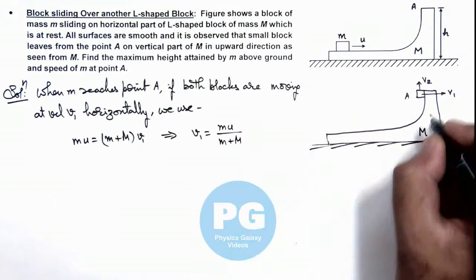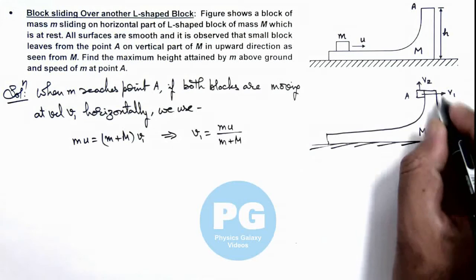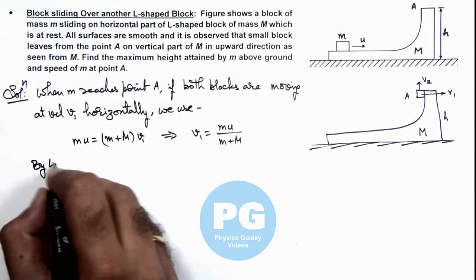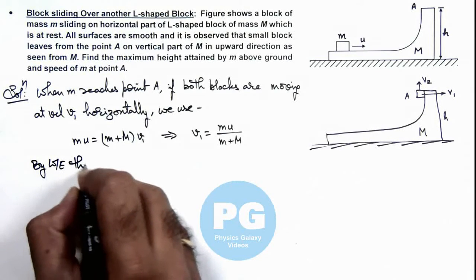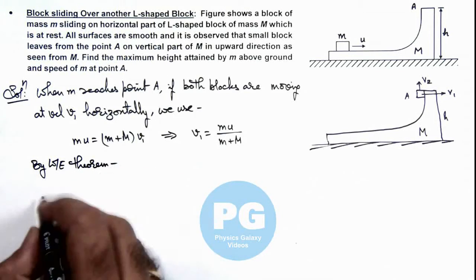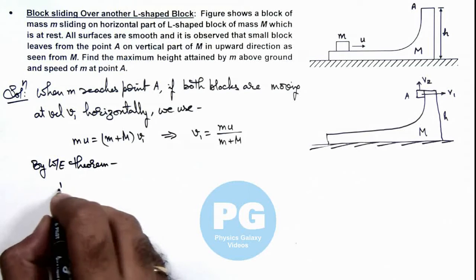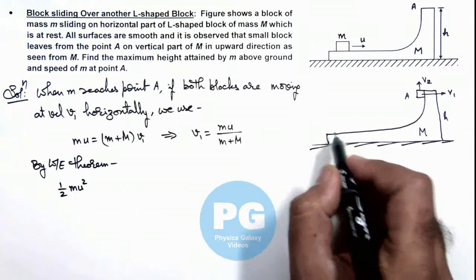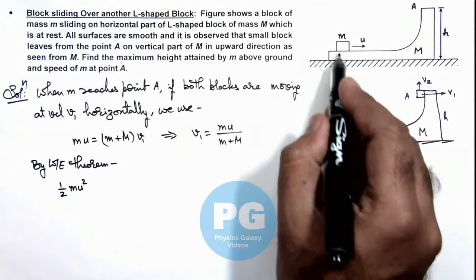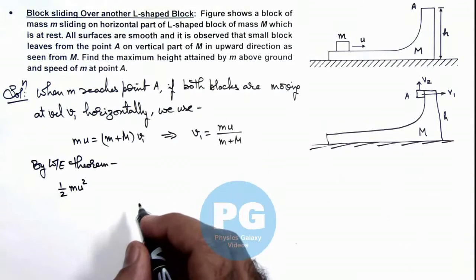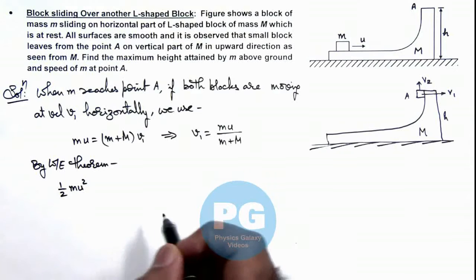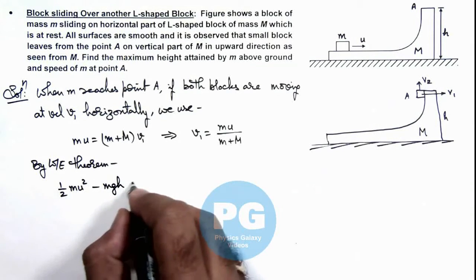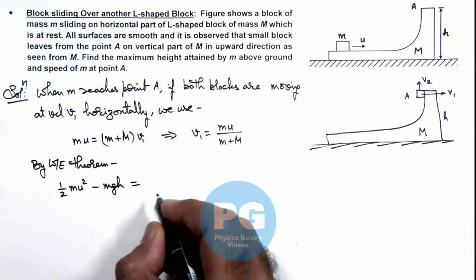Now, as it is at a height h above the ground, here we can write by the work energy theorem, the initial kinetic energy of the system was only half mu square, and when it reaches a height h, we can neglect the initial height of the horizontal section of the L-shaped block, so it is minus mgh, work done against gravity, equal to the final kinetic energy.